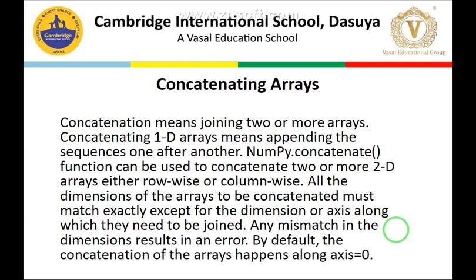Concatenating the arrays. So concatenating means that we can join two or more arrays. To avoid any mismatch in these operations, what we need to do is, if we are doing the operation row wise, then the number of rows of the two matrices should match.